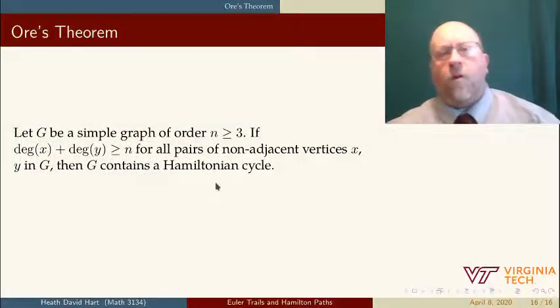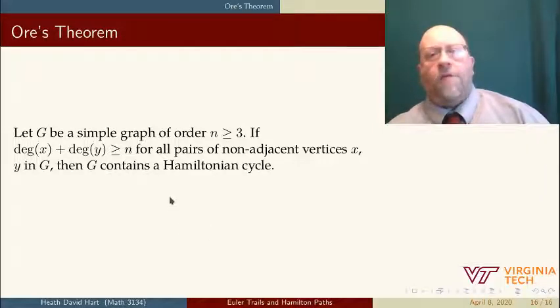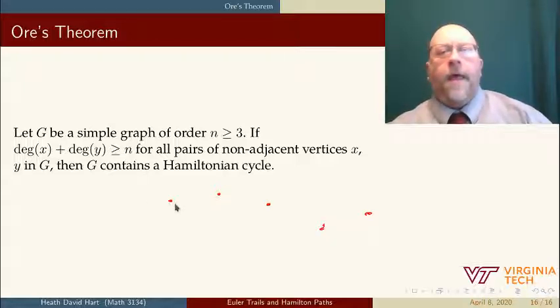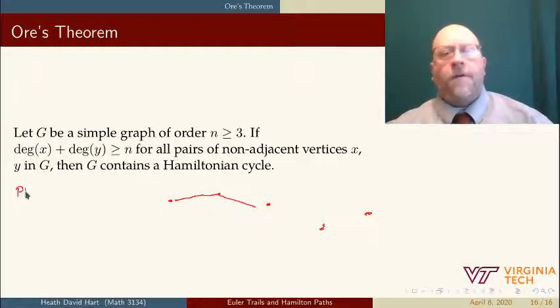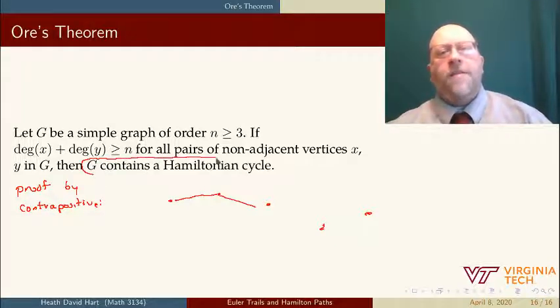Let's talk about why this works. Let's say we have a graph with at least three vertices, and we want to prove that the graph contains a Hamilton cycle. So we're going to prove this by contrapositive. We're going to assume that the graph does not contain a Hamilton cycle.